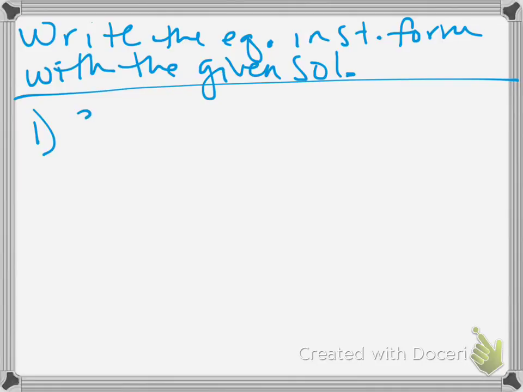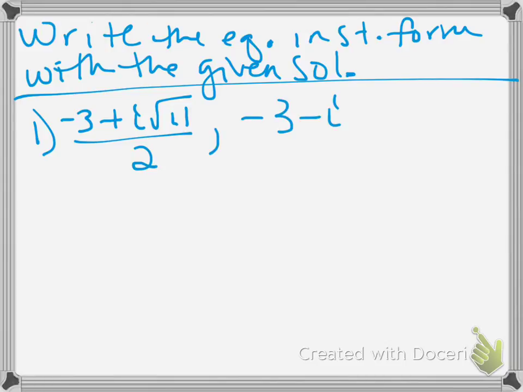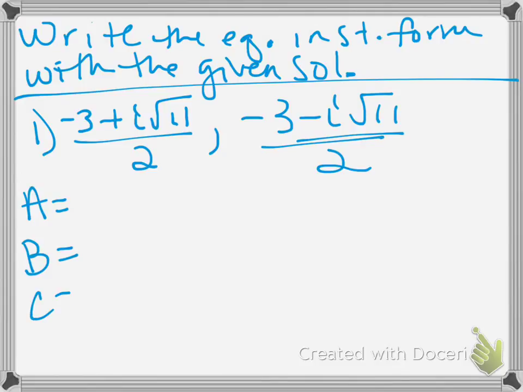What I've got here is negative 3 plus i square root of 11 all over 2 and negative 3 minus i square root of 11 all over 2. So the big thing is you need to know what A, B, and C are. And once you know A, B, and C, you can easily figure out the actual quadratic equation in standard form.